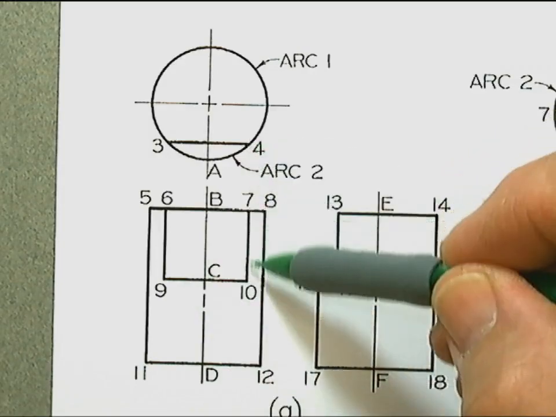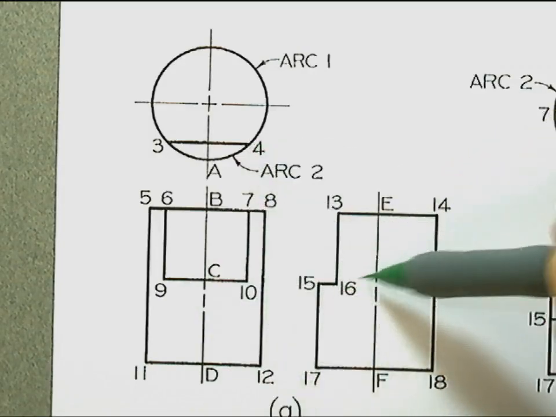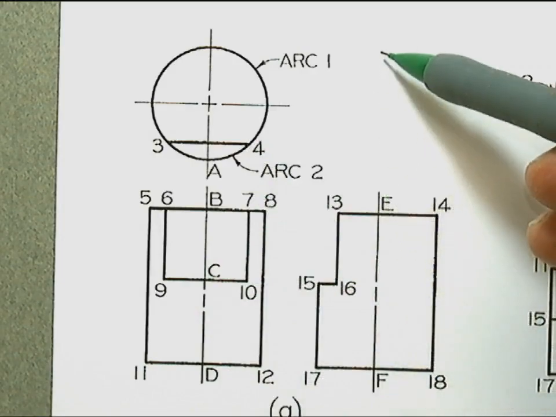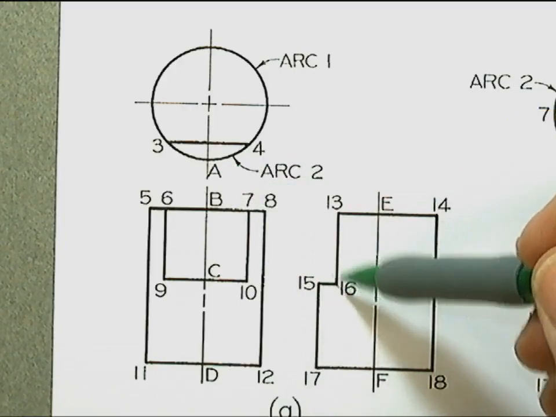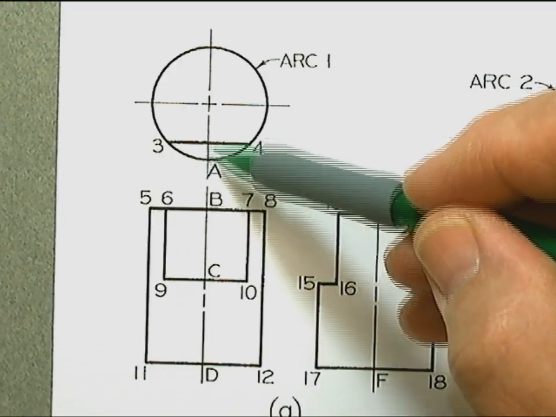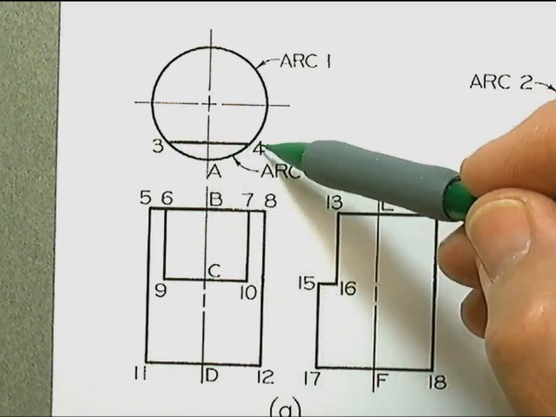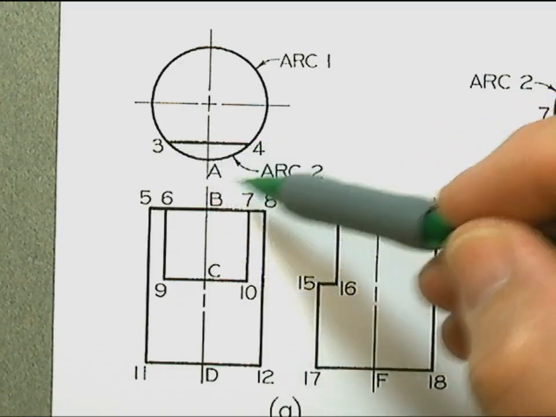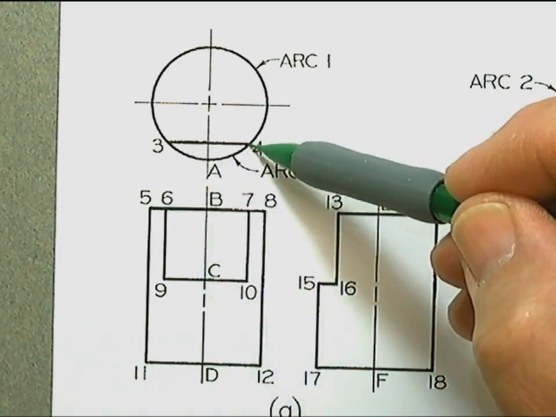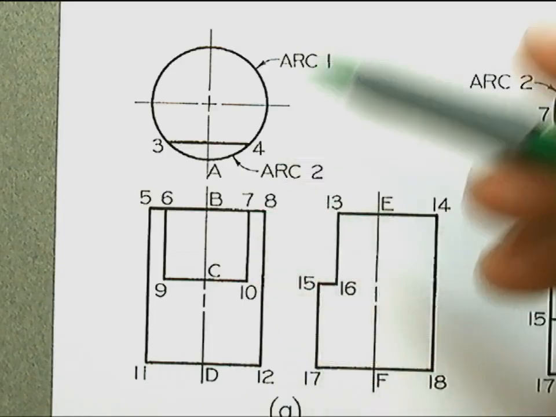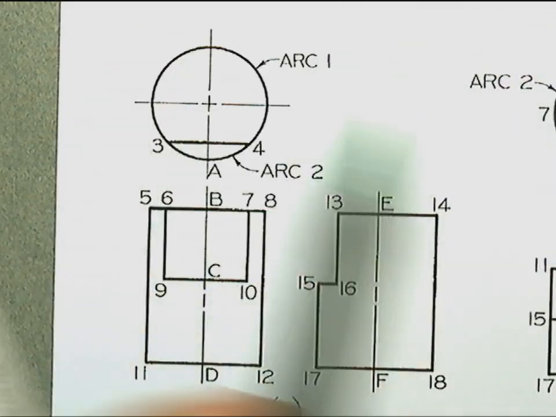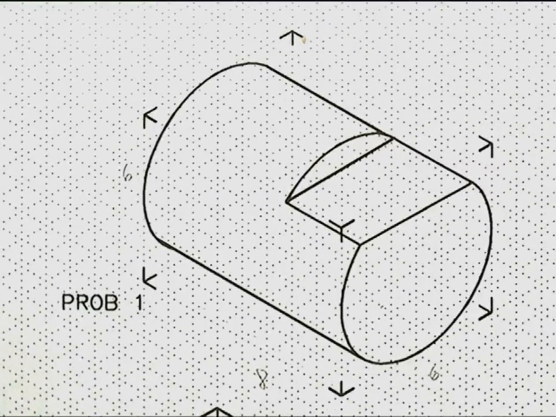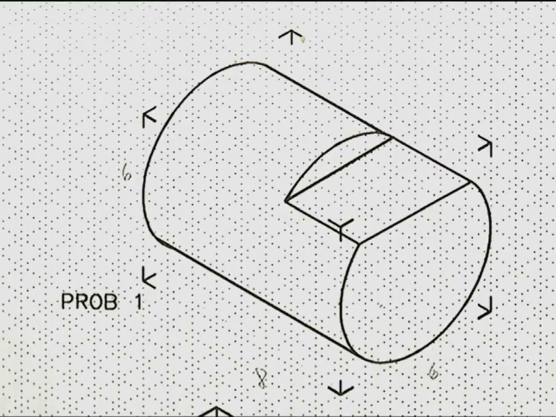So you find out where that edge is by using the miter line if you want, or by just simply measuring back the depth and drawing the depth in the top view, in this case, and a line all the way across, and where it strikes the circumference, that's where the line is. So essentially, that is what this one looks like in your front, top, and right side view.